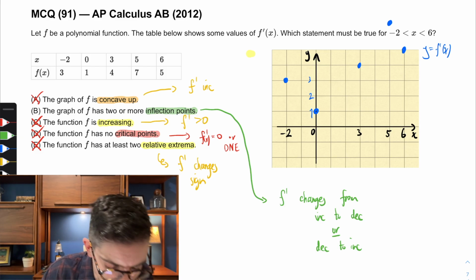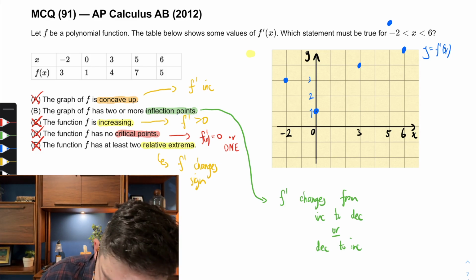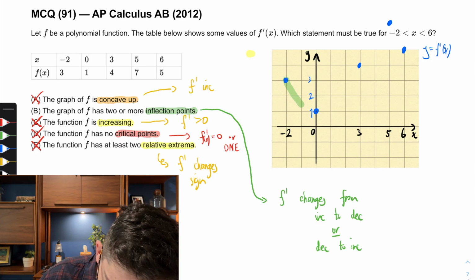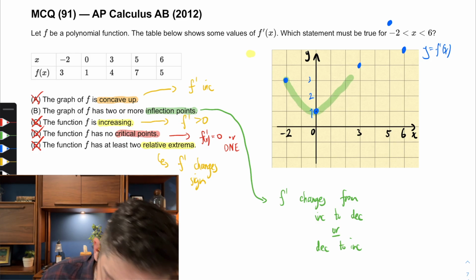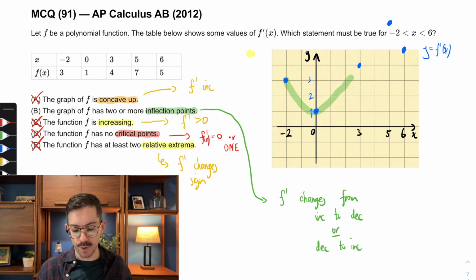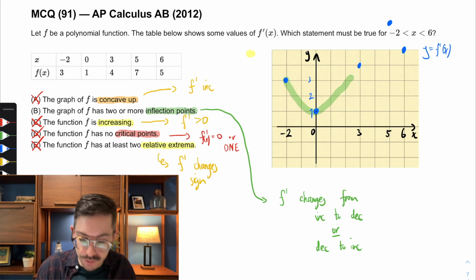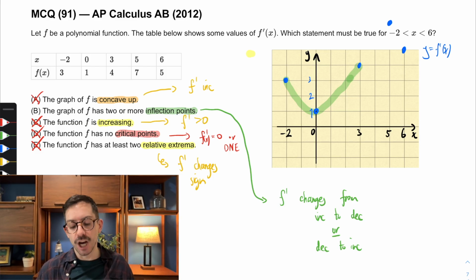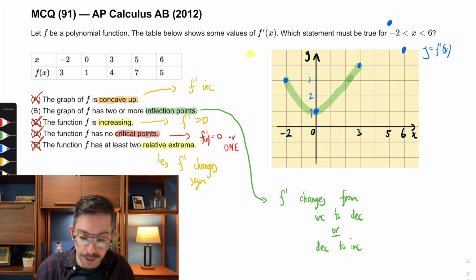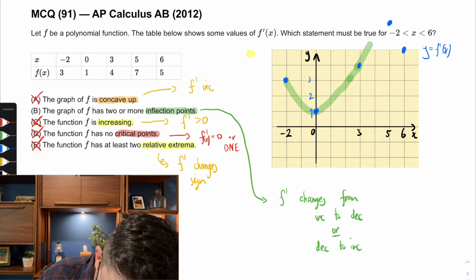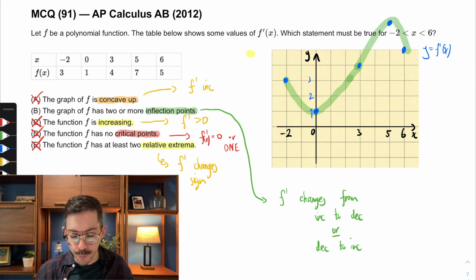So let's have a look here. If I have a function, it has to do something like that for f prime, because I start and travel down towards y equals 1, and I need to swing back around to get back up to y equals 4. No choice about it, because I'm a continuous function, I'm going to have to do that swing. Similarly, I need to go all the way up to y equals 7 and then swing back down.